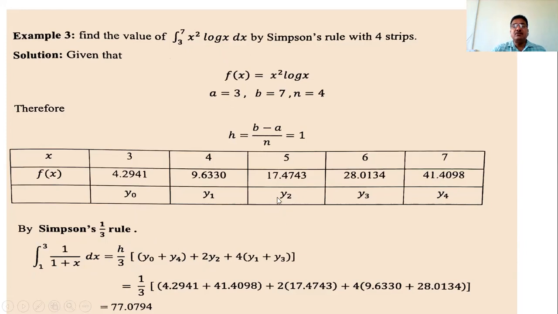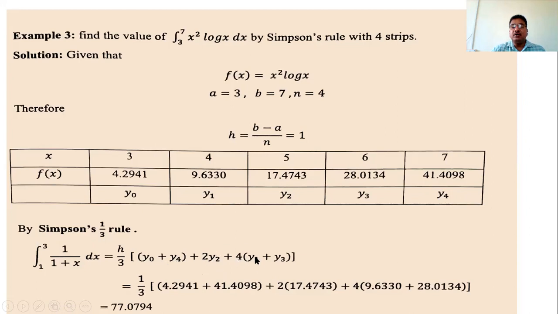So what are the even suffix values? y2 is the only even suffix value of y. y4 is there with even suffix, but y4 is present in the first bracket. So except first and last.